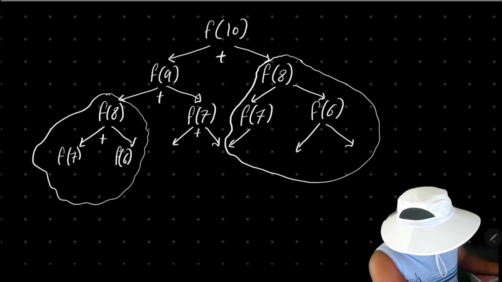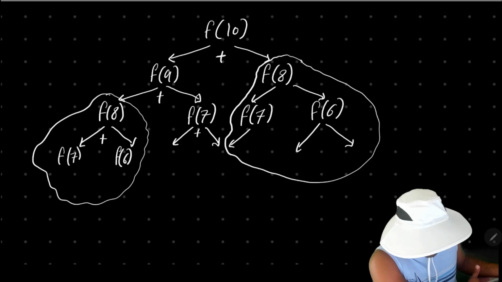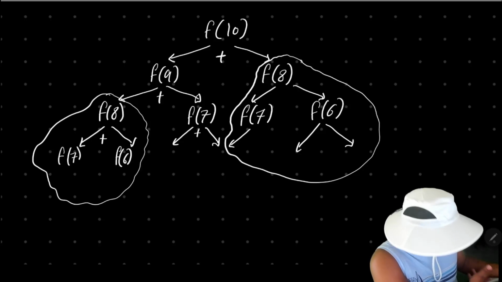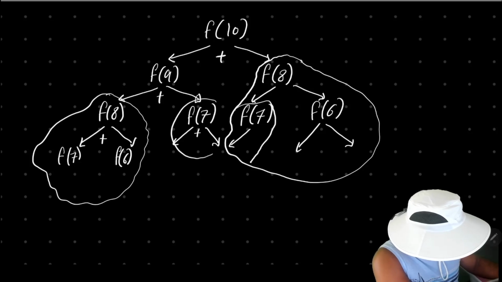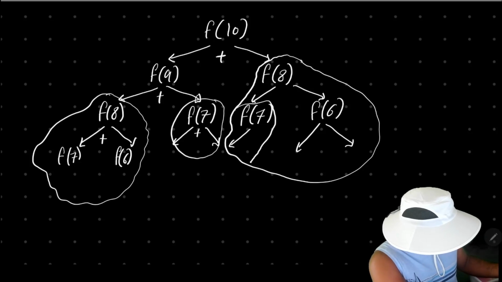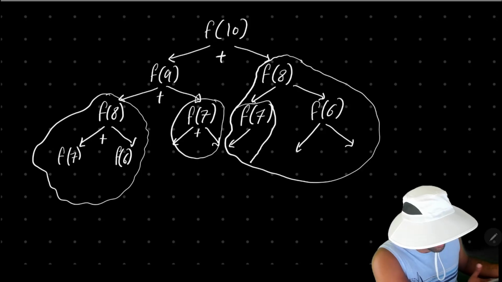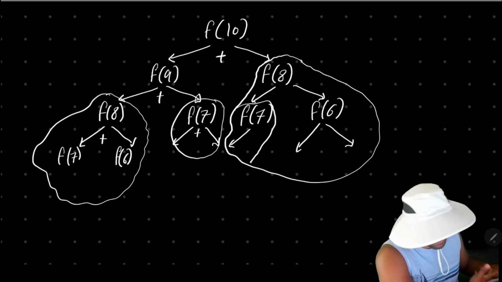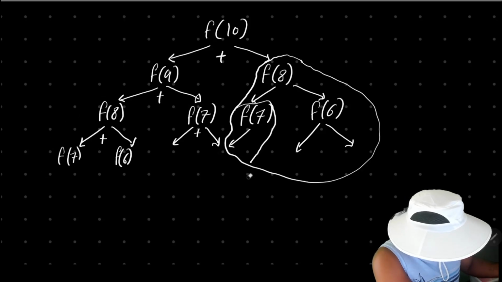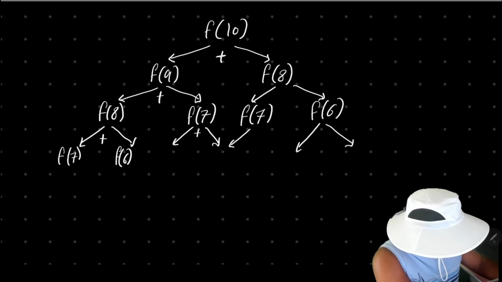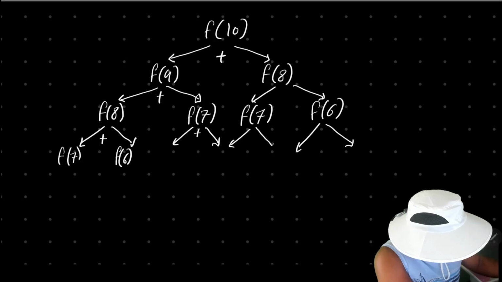Same here. So you notice we have lots of overlapping, repeated subproblems. For example, if you look at the f of 7 here, we have to do it again here. So there are so many overlapping subproblems, and that's inefficient. So that's the problem with this recurrence relation.